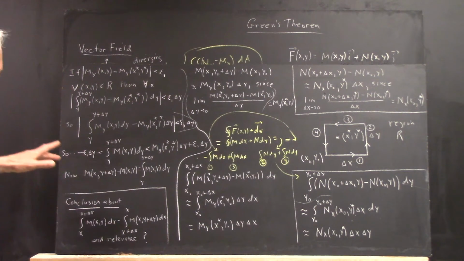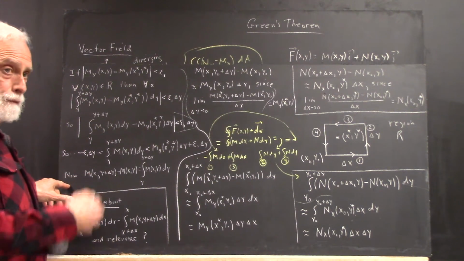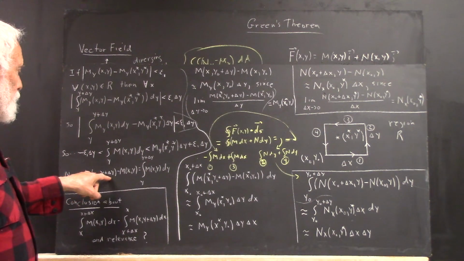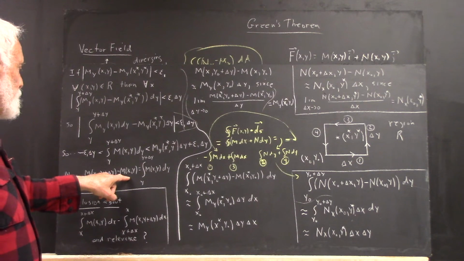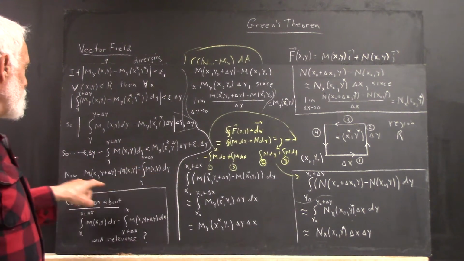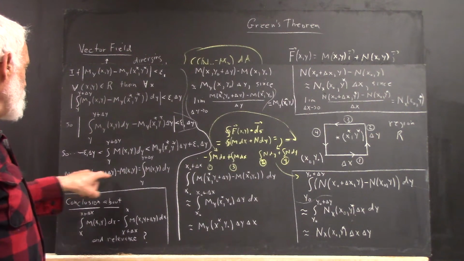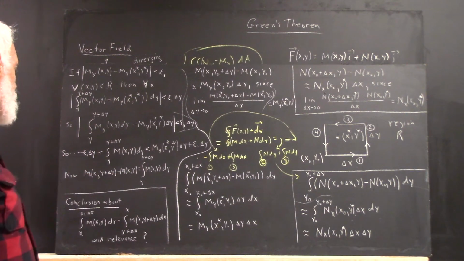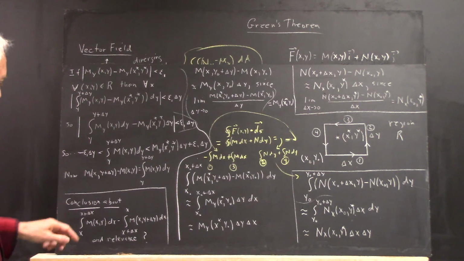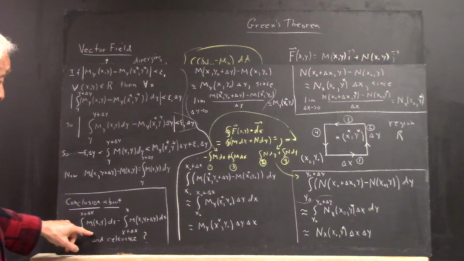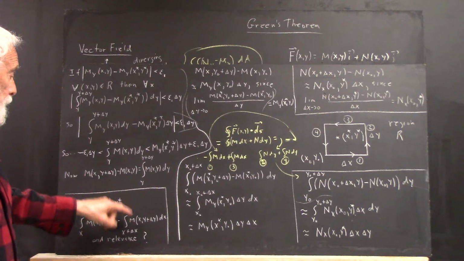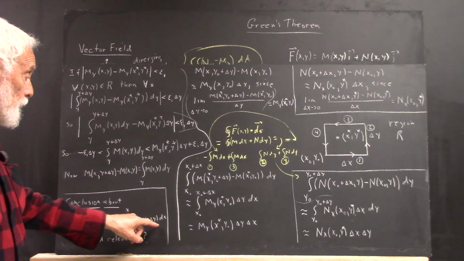Okay? So, the thing I've been getting at all along is m(x, y plus delta y) minus m(x,y) equals the integral from y to y plus delta y of this, so we can make a conclusion about the difference of these. And then we want to draw a conclusion about the integral from x to x plus delta x of m(x,y) dx minus the integral from x to x plus delta x of m(x, y plus delta y) dx.